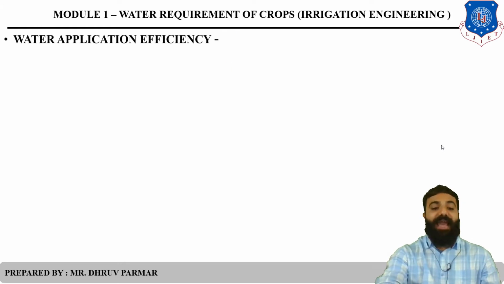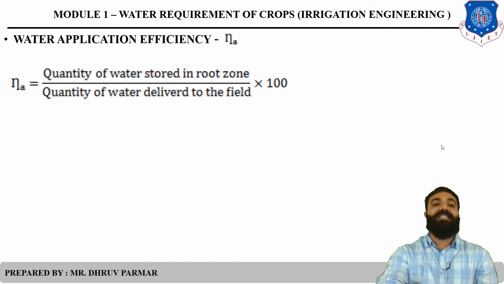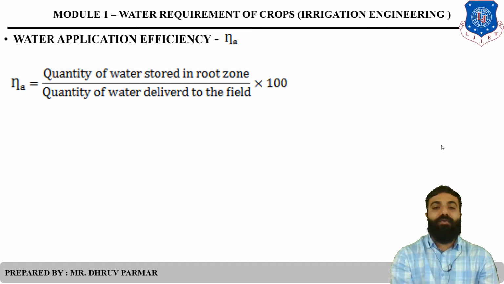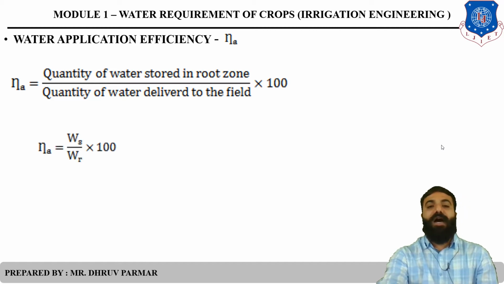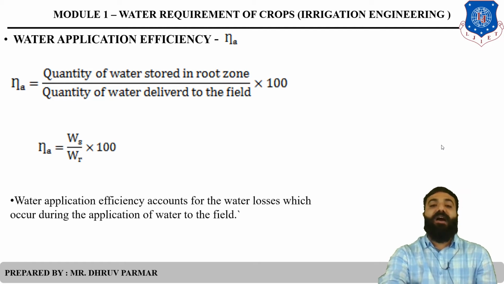Then second one, water application efficiency, denoted by eta A. Clear? Eta A is equal to the ratio of the quantity of water stored in the root zone to the quantity of water diverted to the field. It is indicated by Ws divided by Wf, multiplied by 100. Water application efficiency accounts for the water loss which occurs during the application of water to the field. Clear?